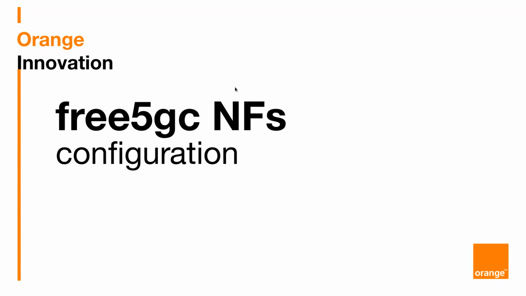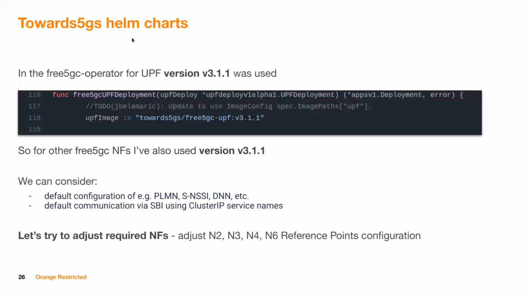As I say, this is provided in the Helm chart values, but we can modify the values in the KPT package itself. So in the 3.5GC operator, you use the version 3.1.1, so I stick to that. For the other network functions, I use the same version to be compatible. Here we consider that we keep the default configuration for PLMN, SNSSAI, the DNN, etc. So we do not care about these specificities.